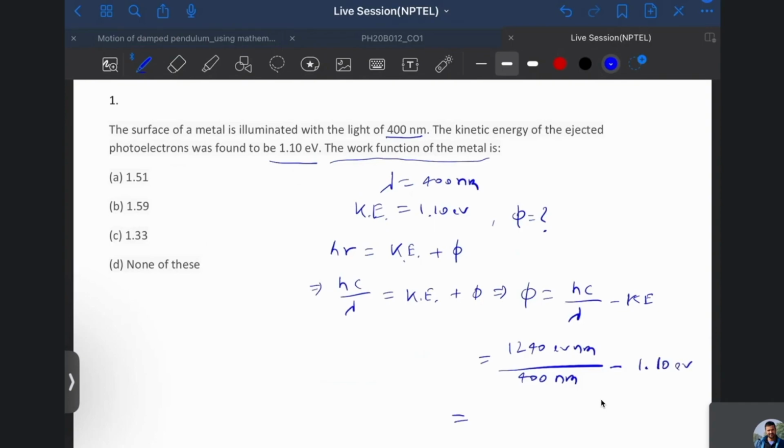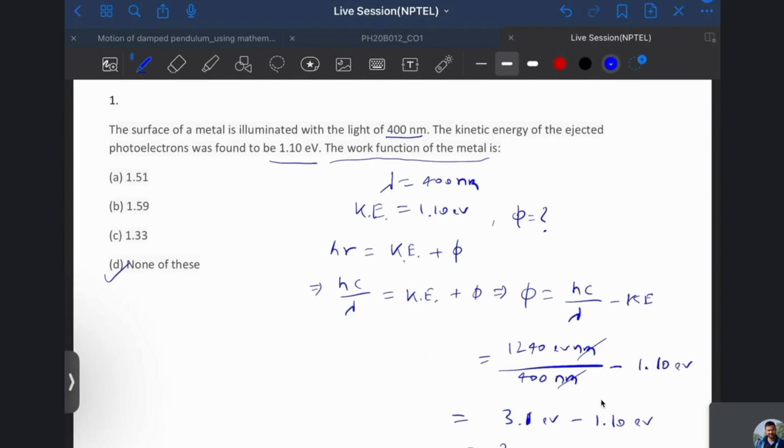So here nanometer will cancel, and 1240 divided by 400 is just 3.1 electron volt minus 1.10 electron volt, and this will be just 2 electron volt, which is the answer. So here the answer doesn't match any option, so D is the correct option.